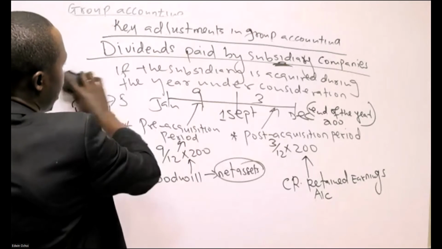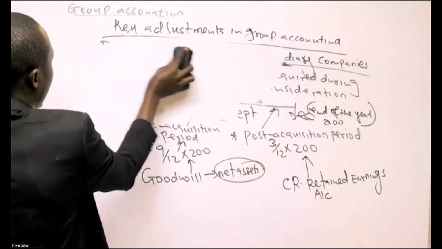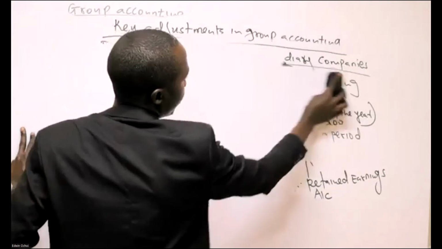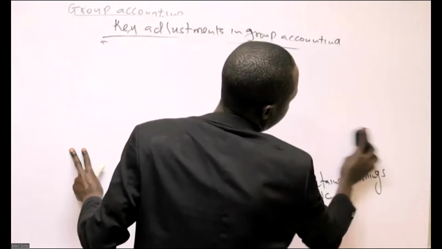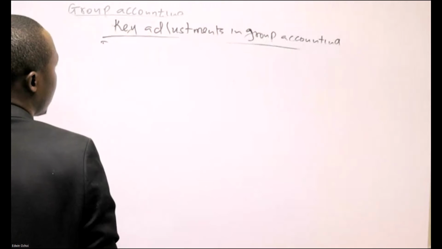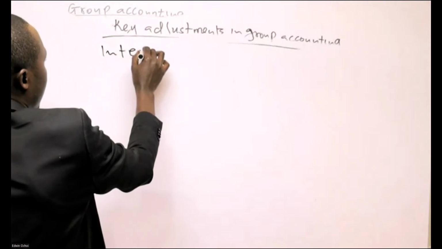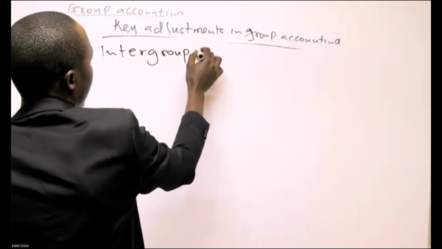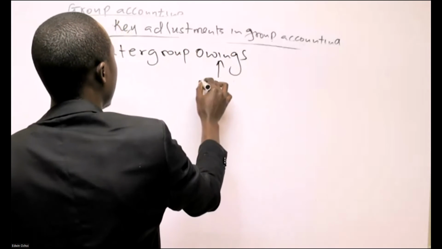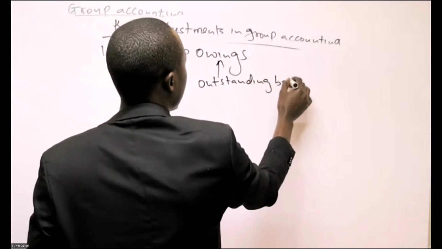I think we go ahead and talk about intergroup owings. An owing, you know, it's an outstanding amount, an outstanding balance.